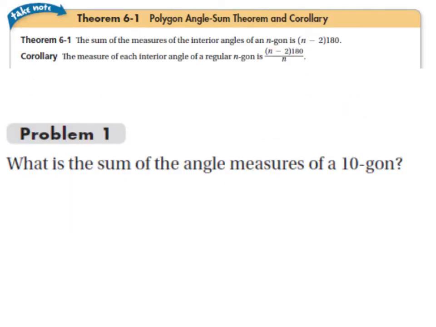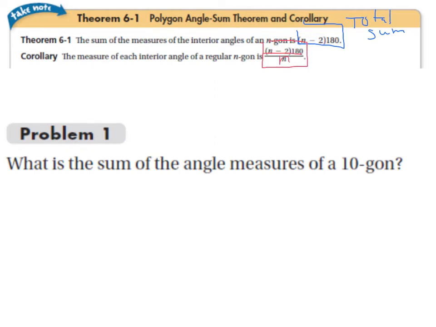So we have two different equations here. This first equation is when I'm looking for the total sum of a polygon, so all the angles added up together in a polygon. This second equation, as you can see, is a lot like the first, except it has this extra divide by n.